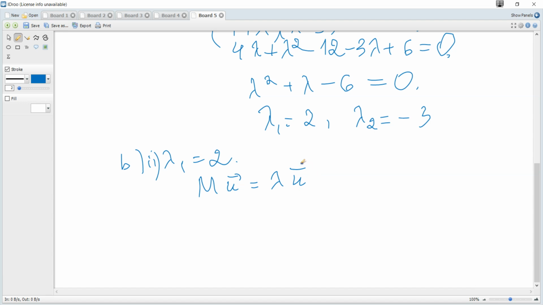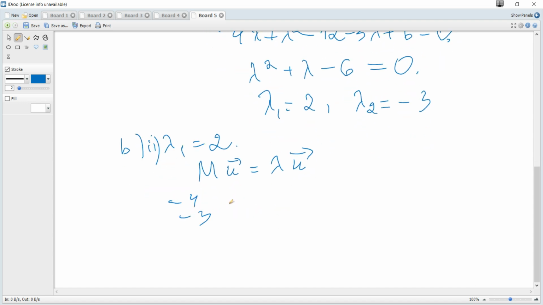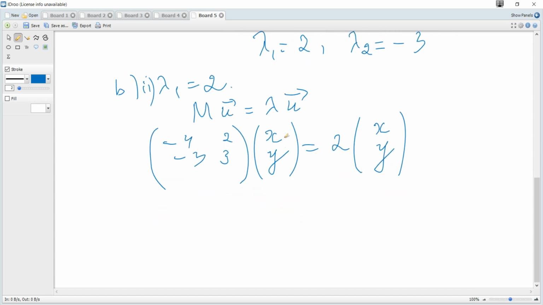So we just consider our matrix. It's [-4, 2; -3, 3] multiplied by some vector, let it be (x, y), is equal to lambda. We consider lambda to be 2, and the same vector, and we need to just multiply these two matrices. How to do that? We just rewrite this (x, y) as a column, and then it becomes -4x plus 2y and -3x plus 3y.